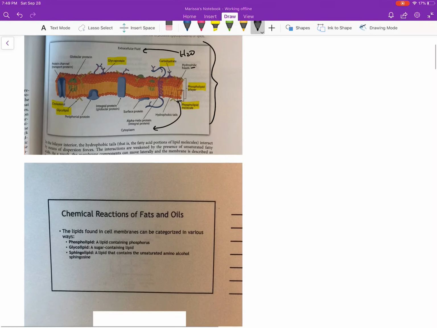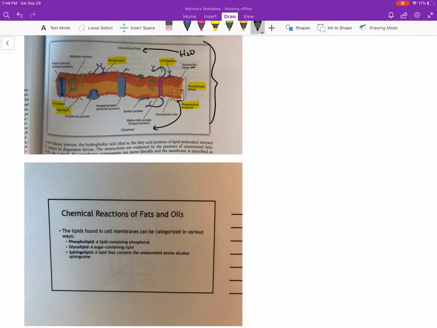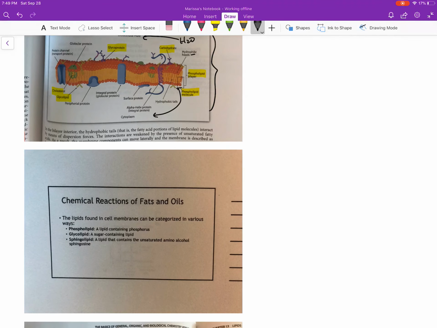All right, so the lipids found in cell membranes can be categorized in various ways. The phospholipid is the first way, and this is a lipid containing phosphorus. Glycolipid, a lipid that contains a sugar, and then the sphingolipid that contains an unsaturated amino alcohol, sphingosine.